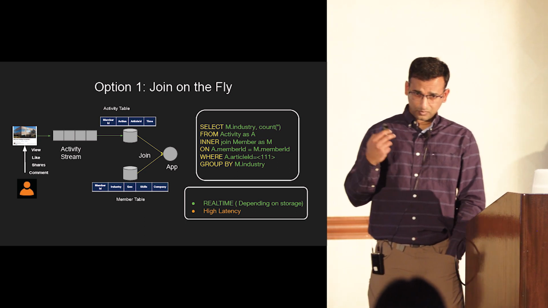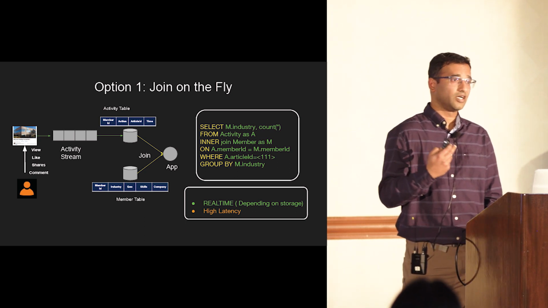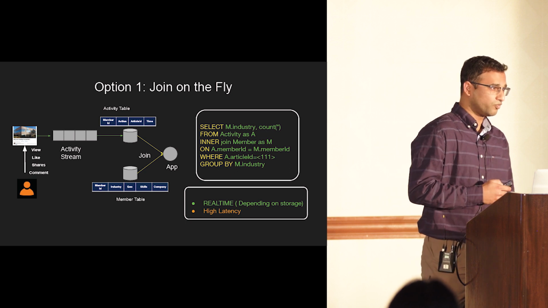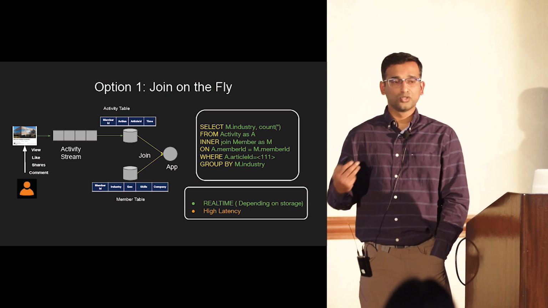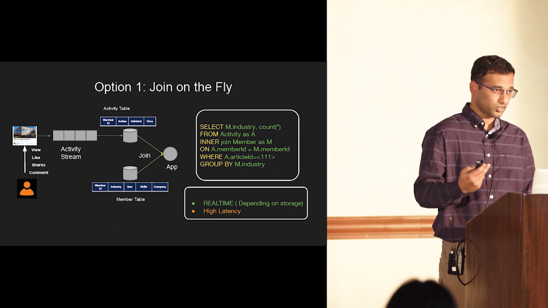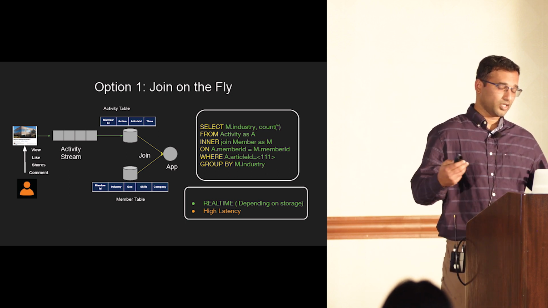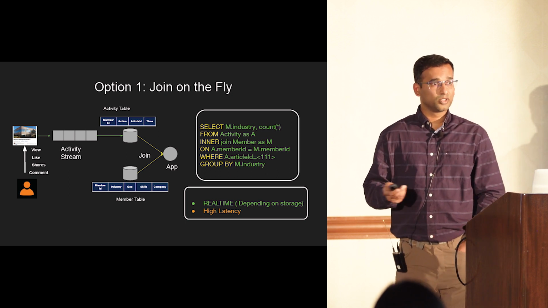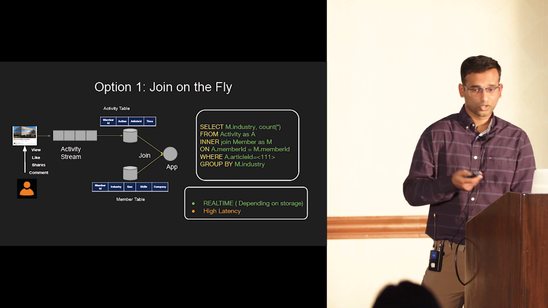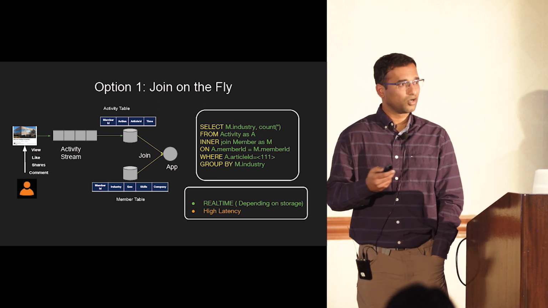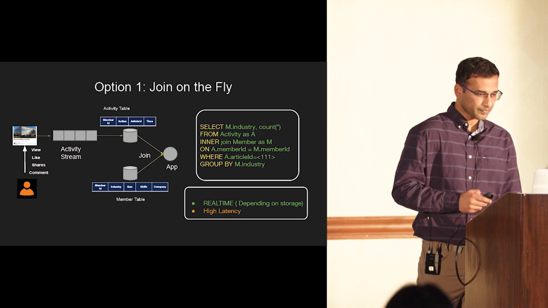If an article is very famous, and there are a lot of popular articles out there, then it's doing a lot of lookup joins across the two, and it has to scan through a lot of articles to find the number of views it got, or do slice and dice on that.